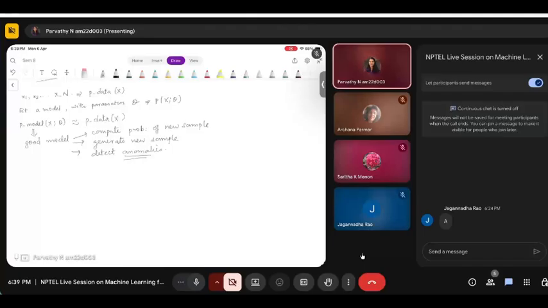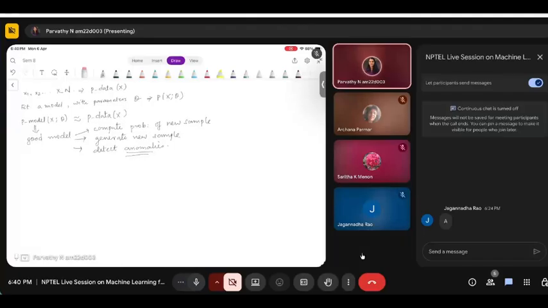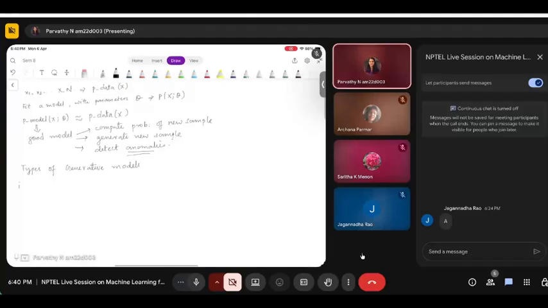Now, there are different types of generative models. One is the autoregressive model.